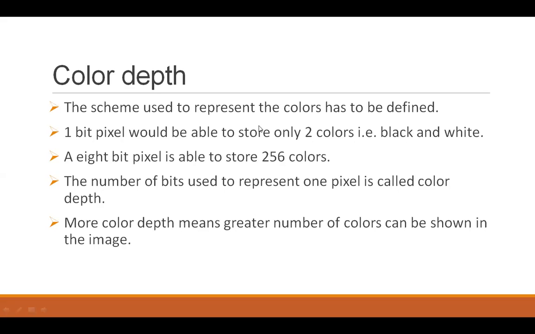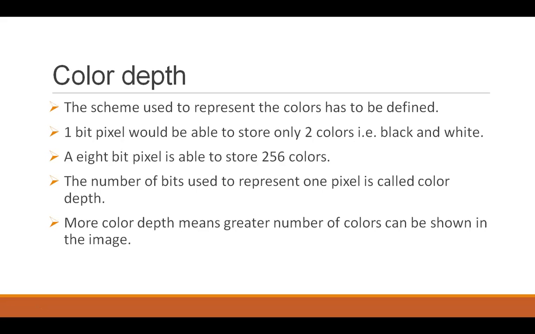Now, the more colors your image can represent, the heavier it is going to get. For example, you might want to represent your image with 24 bits. In that case, your image is going to have the range of color 2 raised to power 24, I think a little more than 16 million colors.